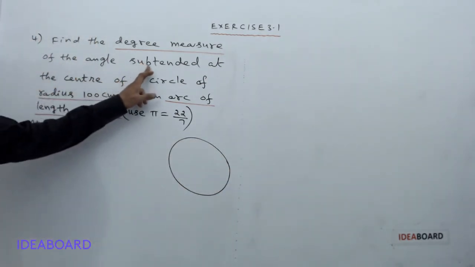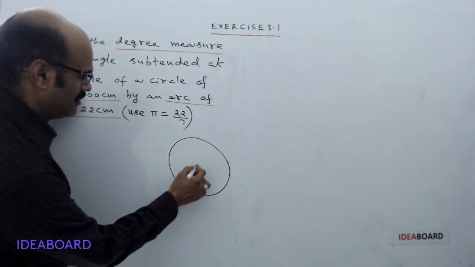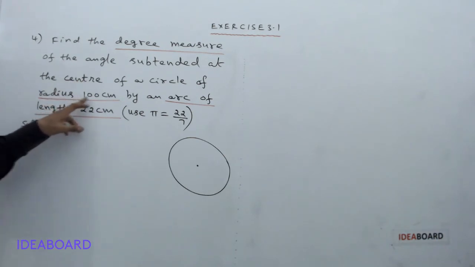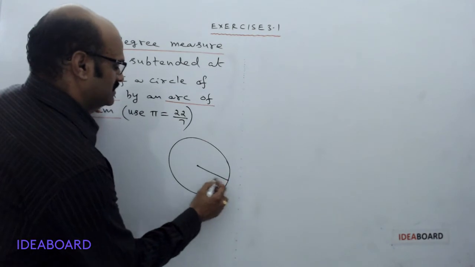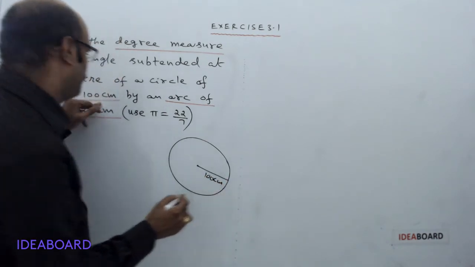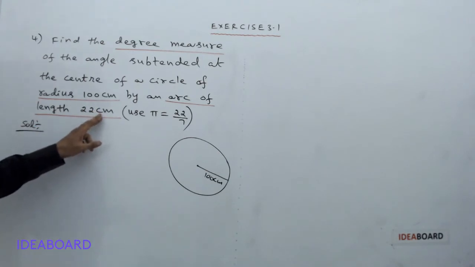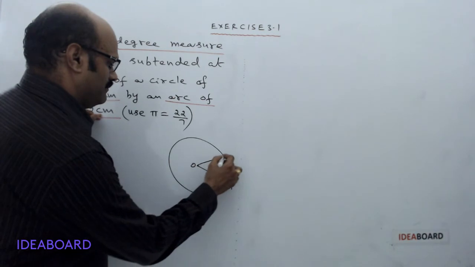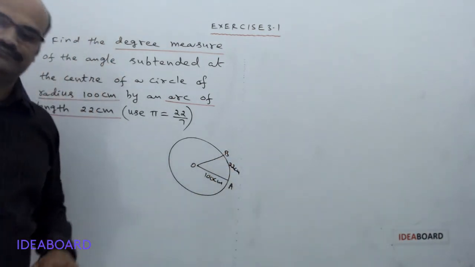Now the angle is subtended at the center of the circle, so here we have to find the angle at the center. Radius is given by 100 centimeter, and the length of the arc is given by 22 centimeter.